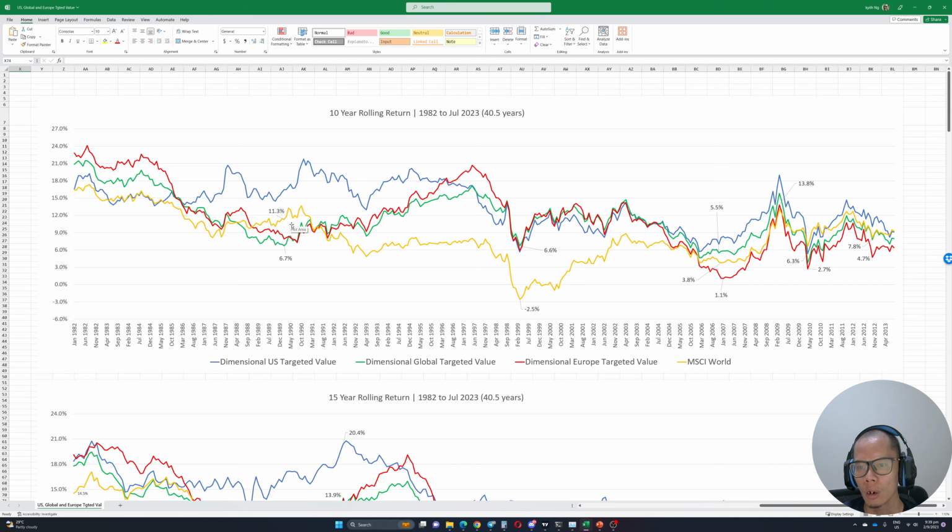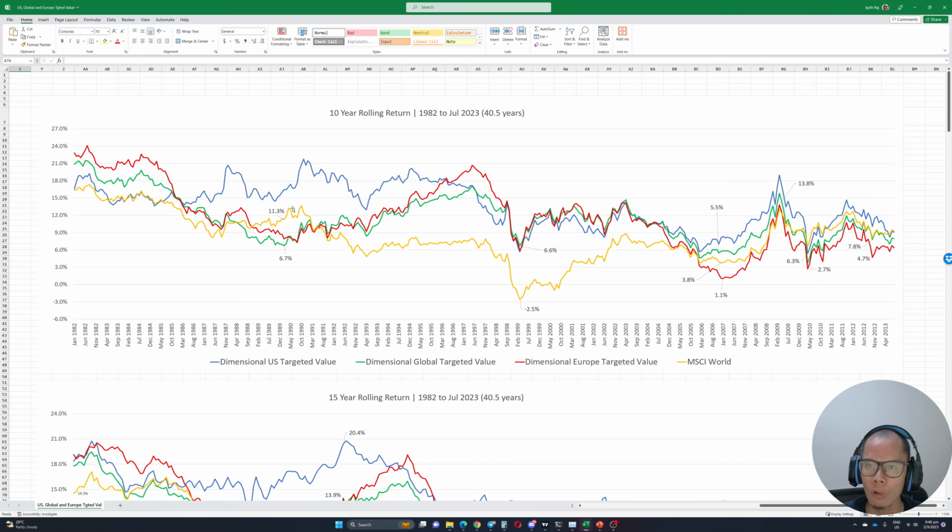So how can you invest in small cap value? I think there are some unit trusts out there that you can invest in. I think Dimensional is available in Singapore, and you probably need an advisor to get access to it.